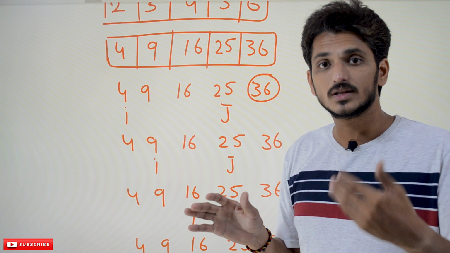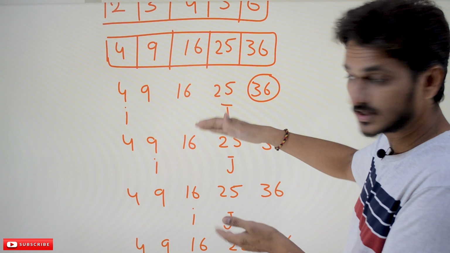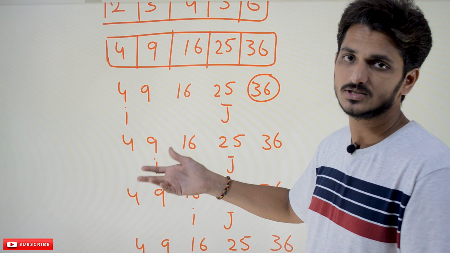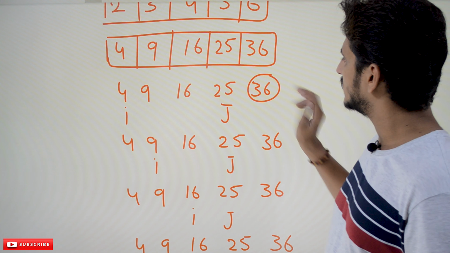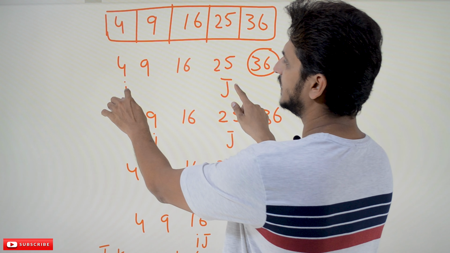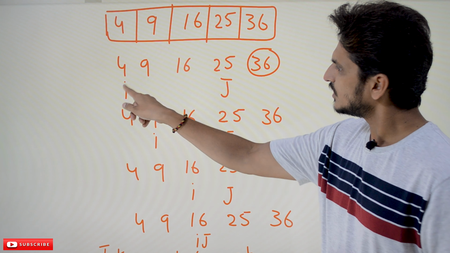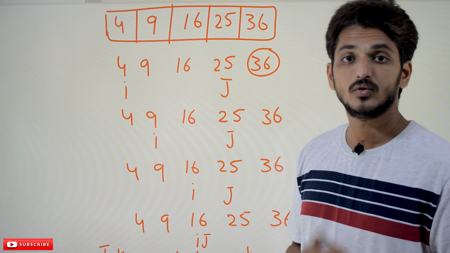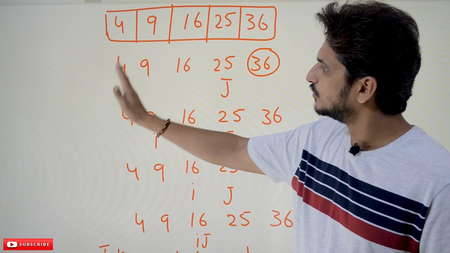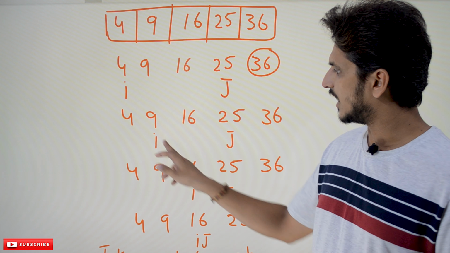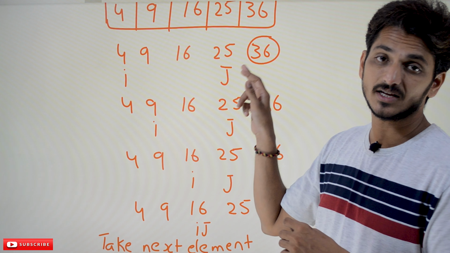This works in this way. With the example explanation, you will understand the logic easily. It is not difficult. For 36, our logic starts with one variable i and another variable j. 4 plus 25 is 29, which is less than 36. So we move i to the right side. i is pointing to 9 because 4 plus 25 is less than 36.